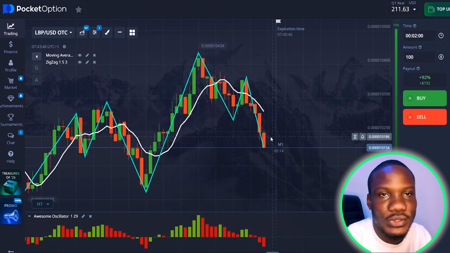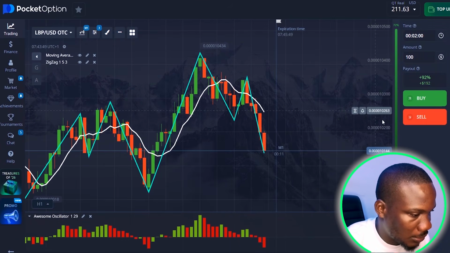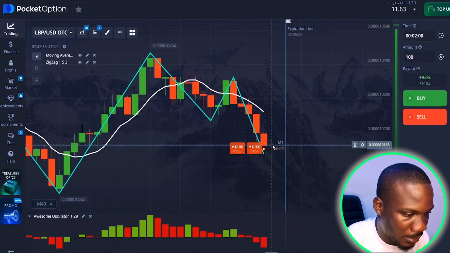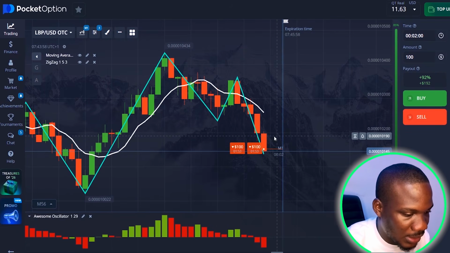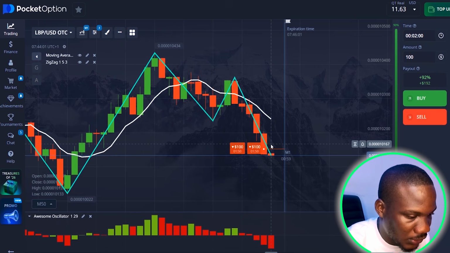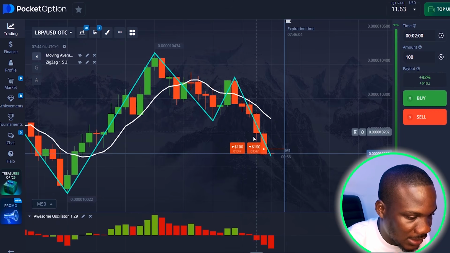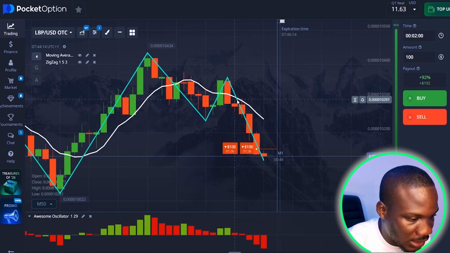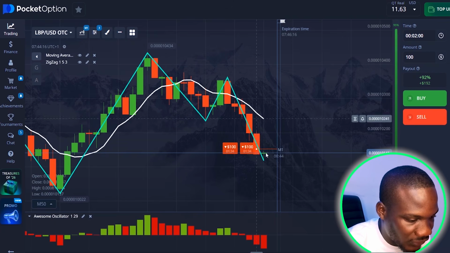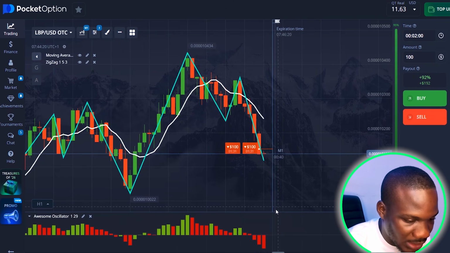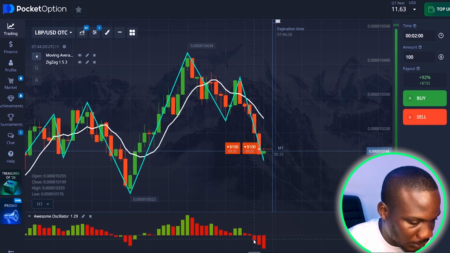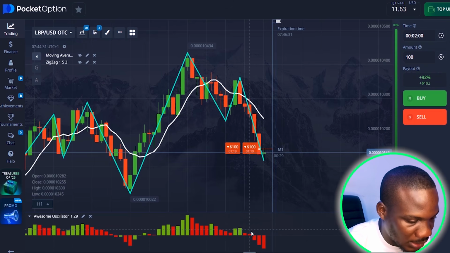So right here I also find another opportunity. I'm going to be going for a down position. Considering the trend is one of the things I always put into consideration, alongside with the consistency of a candlestick, and also the moving average line alongside with my zigzag indicator should be able to cross each other, giving me a directional move. The same thing with my awesome oscillator line. I need to see at least 2 bearish candlesticks in the case of a down position below the 0% line.